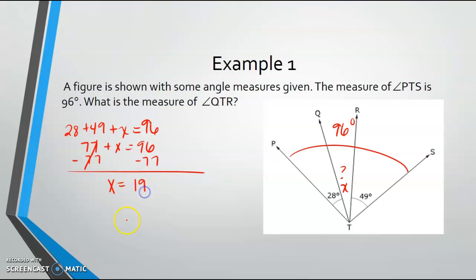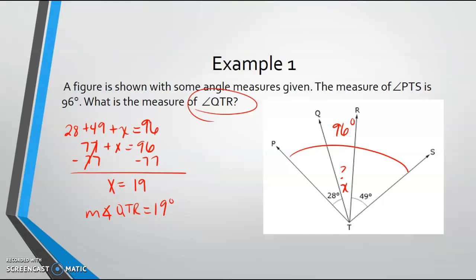And so then x will equal 19, which means, because we want to know the measure of angle, oh, here I go erasing a whole bunch of stuff. That was not on purpose. The measure of angle QTR will equal 19 degrees because x was angle QTR. Things to keep in mind.